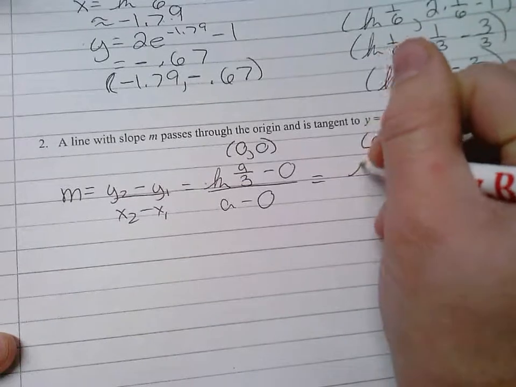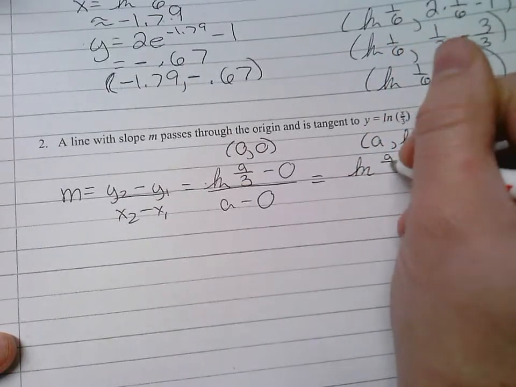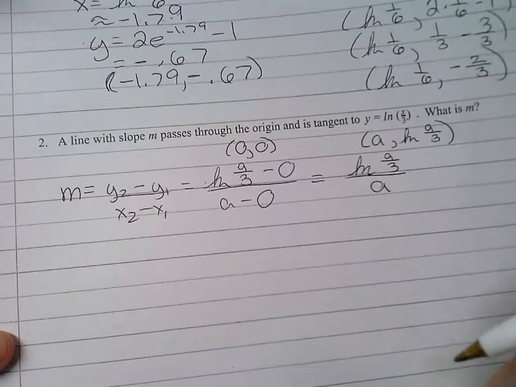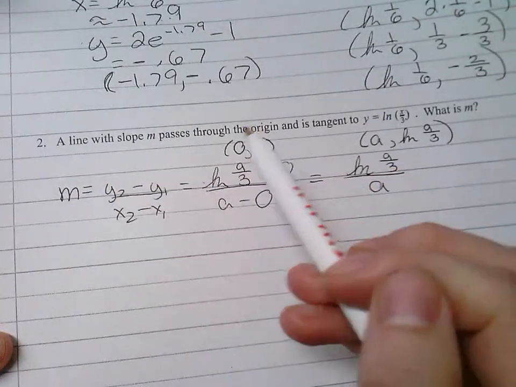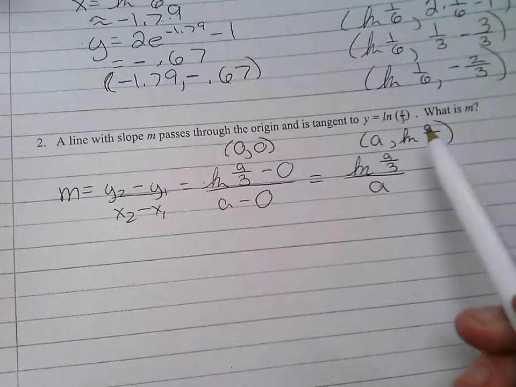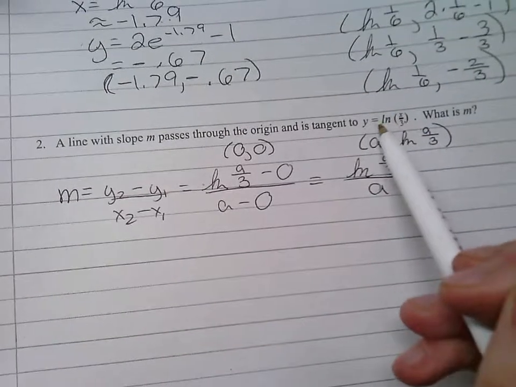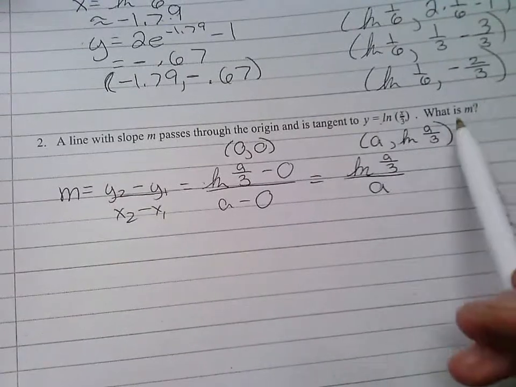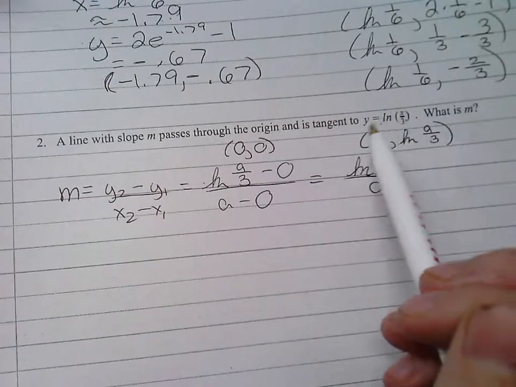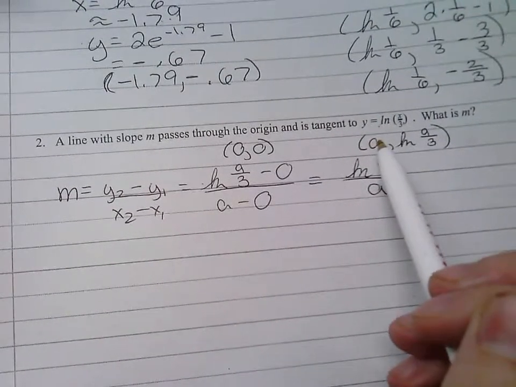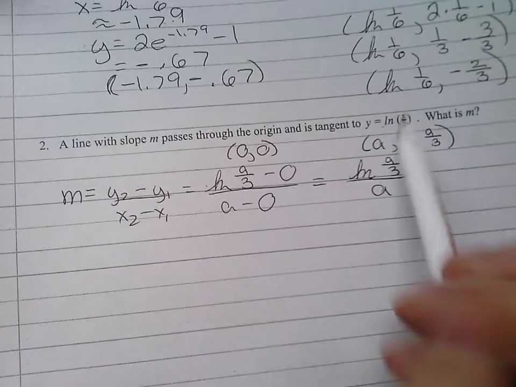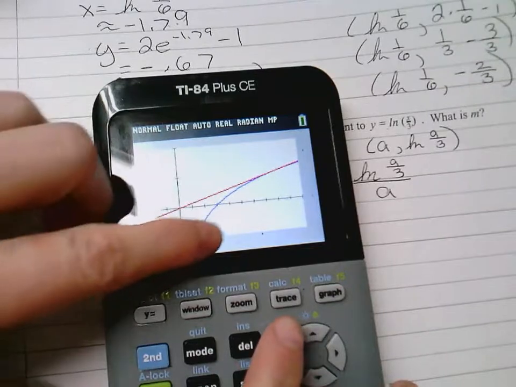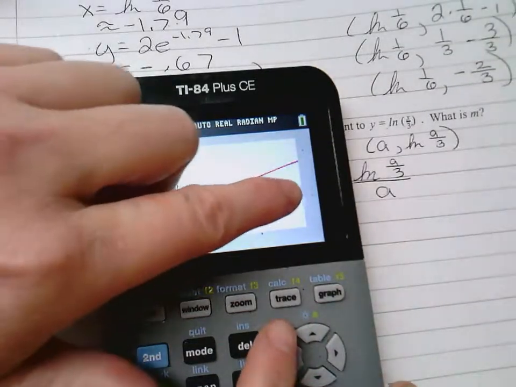So you're going to get ln of a over 3 over a. So that's my slope of this line, but I also need to find the slope of this line. And I find the slope of this line by taking the derivative. What I actually want is y prime of this x value right here, because that's when the slope of this line and a point that's tangent to the curve on this line is going to be equal.